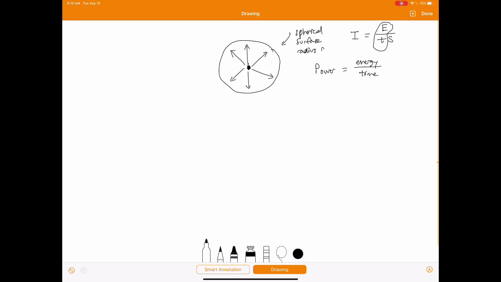In this case, to be a little bit more specific, what I'll call P surf would be the energy per unit time passing through the surface. Okay, and I'm talking about the spherical surface that we just drew.